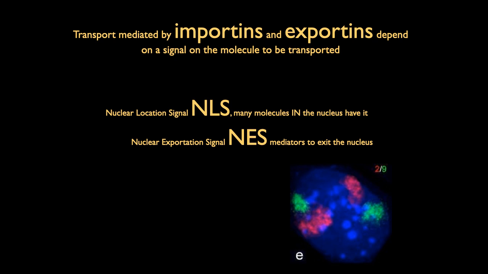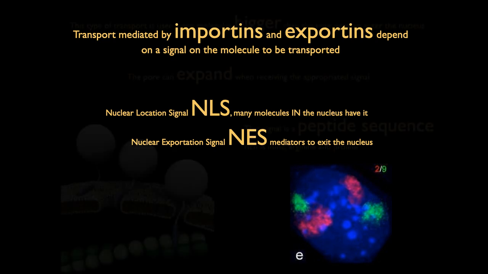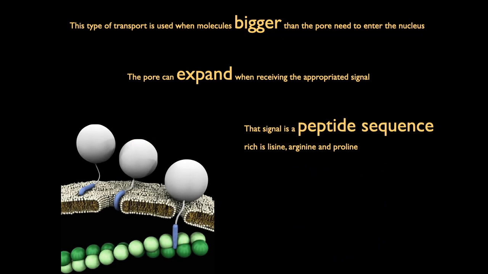So if they are found in the cytoplasm and they have that signal, then they are transported inside. But they also may have nuclear export signals if they are inside the nucleus. That means that they must exit the nucleus. The big loads with importins or exportins can make the pore expand and let them through.